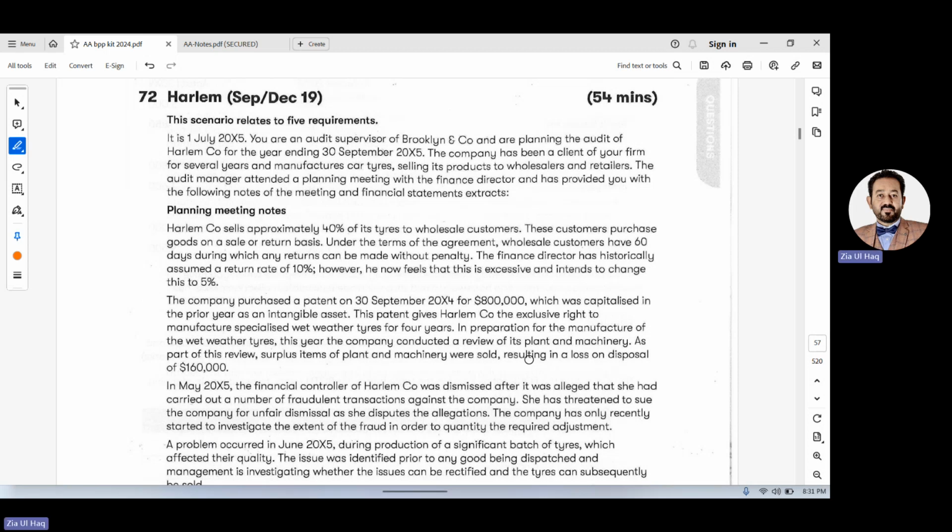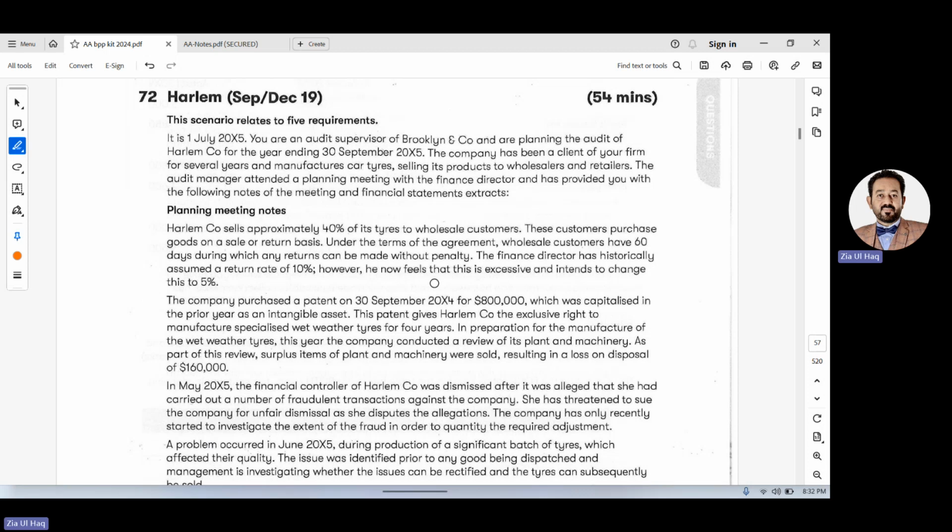Or if you are recording 100% of the sale, then you need to create a provision for that 10% return, because you might be paying back the customer against sales returns. So if the company is recording 100% sales without a provision, chances are revenue and profit could be overstated. Common sense.